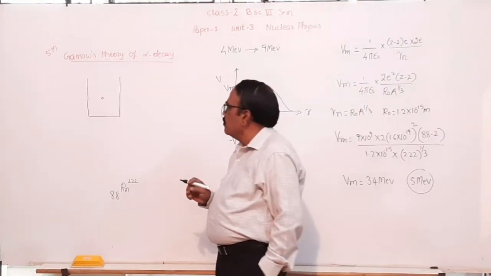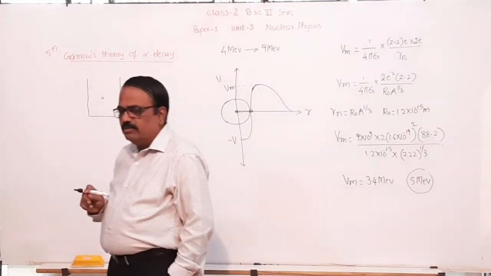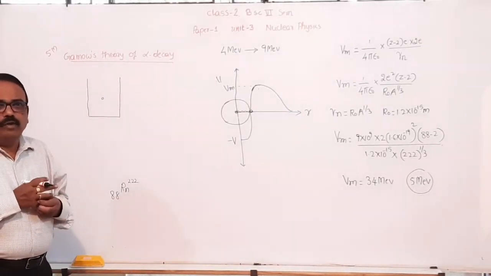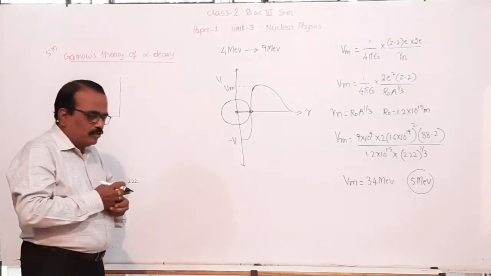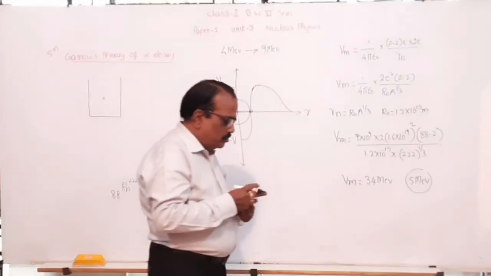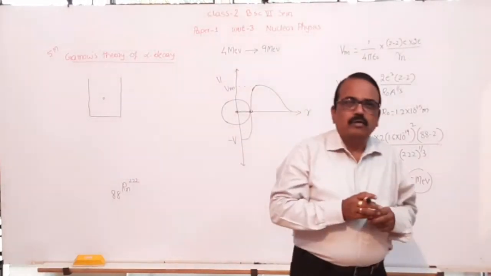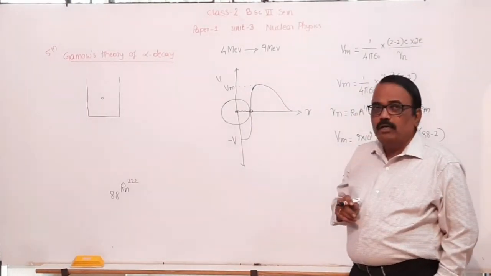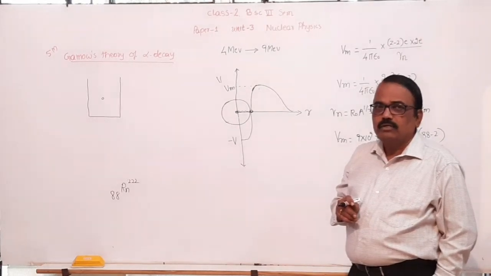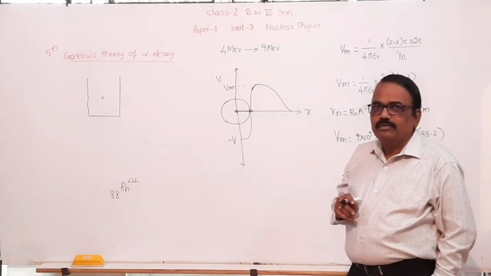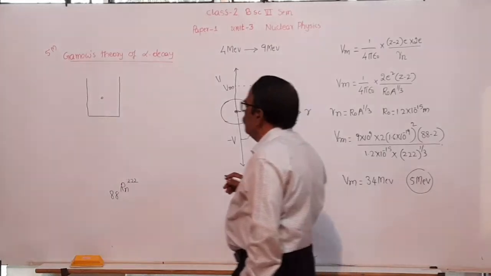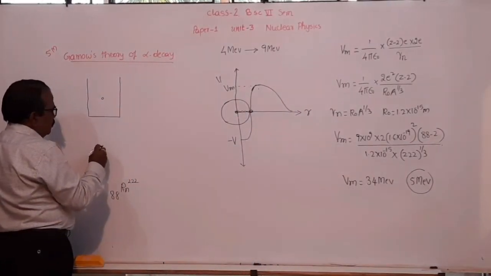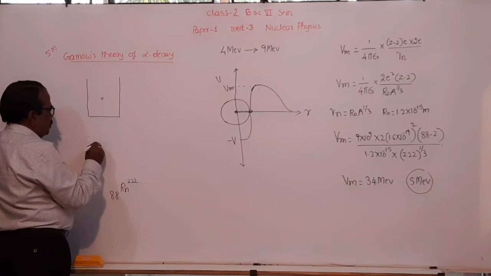Now, according to quantum mechanics, the particle is treated as a wave. In the last semester we have studied that according to quantum mechanics, the particle is treated as a wave, obeying which equation? Schrodinger's equation. That means the particle obeys this equation. What is that equation? Schrodinger's equation.